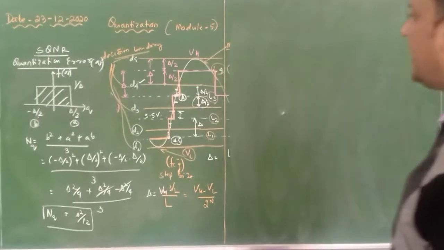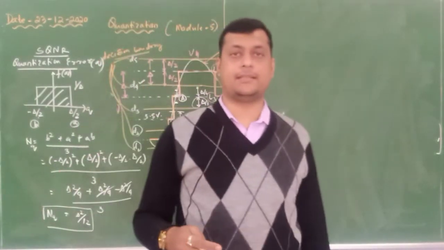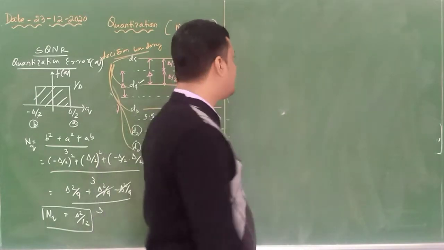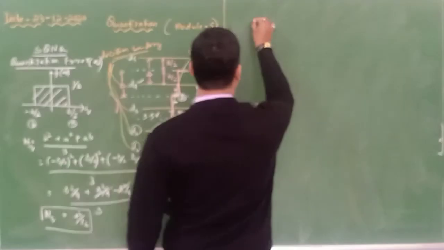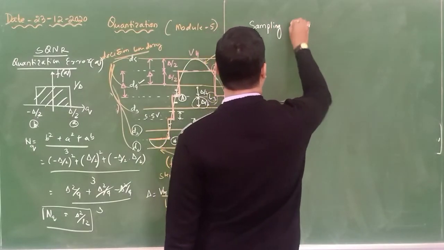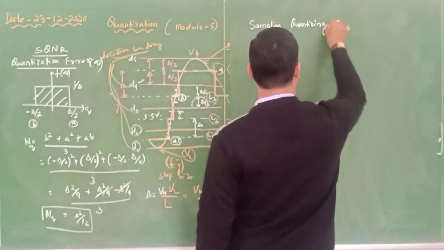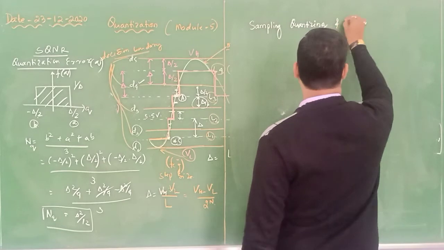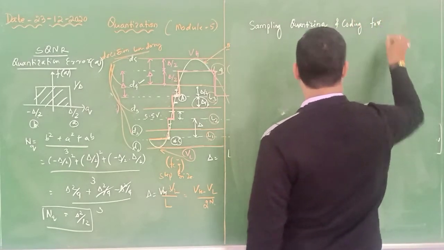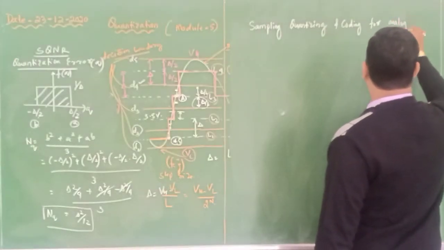Now we will discuss how these potentials are identified with levels and the levels are coded with some sort of binary data. So that is called sampling, quantizing and coding, for an analog signal.